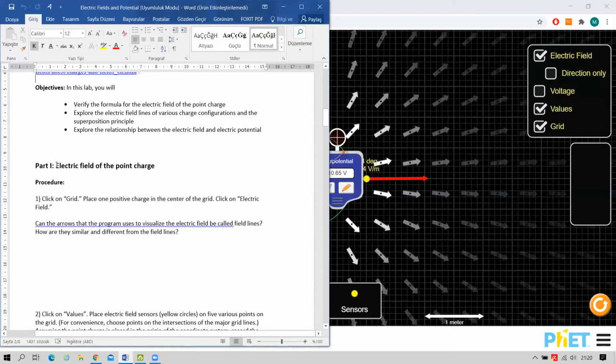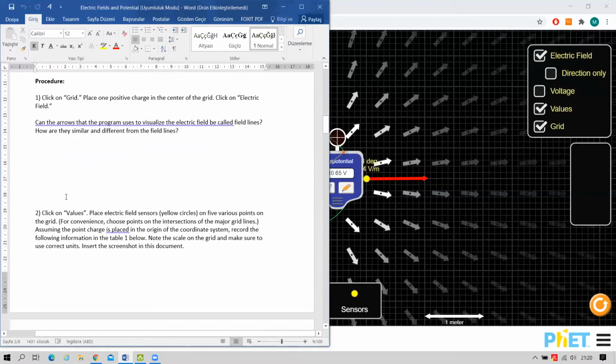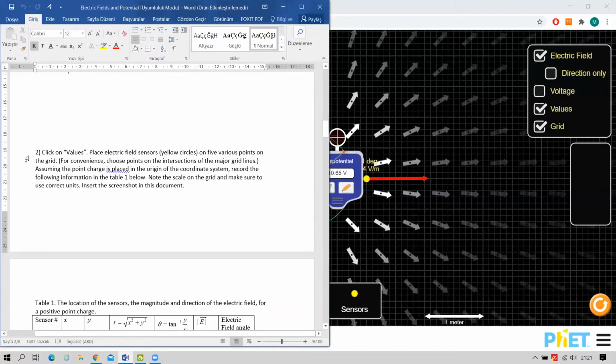Let's start with the first part. Electric field of a point charge. This is the procedure. The procedure is number 1, 2.